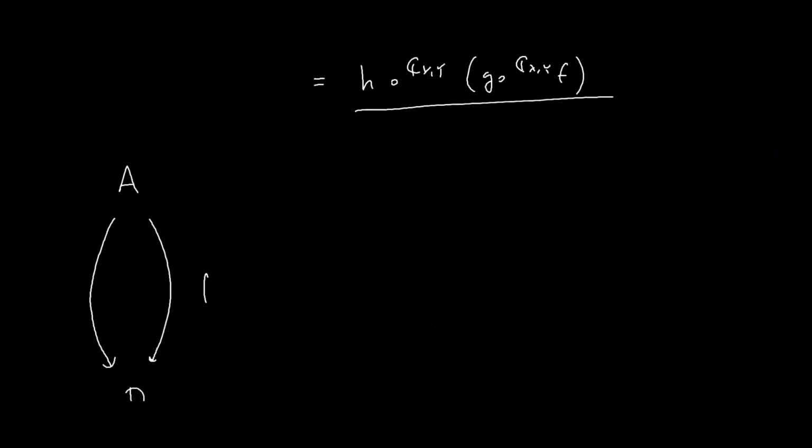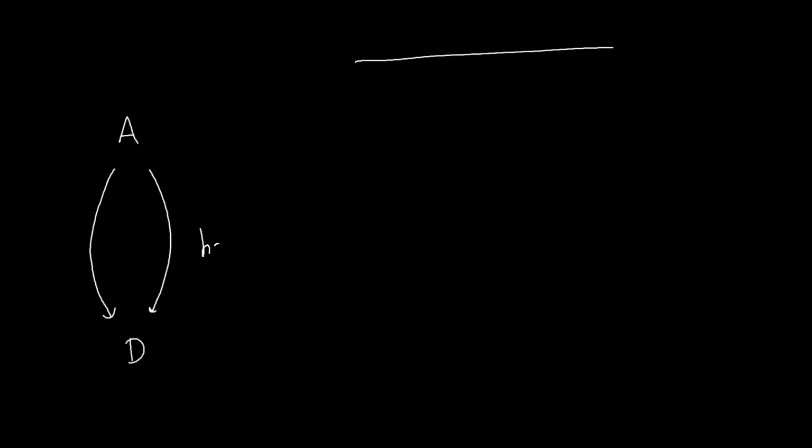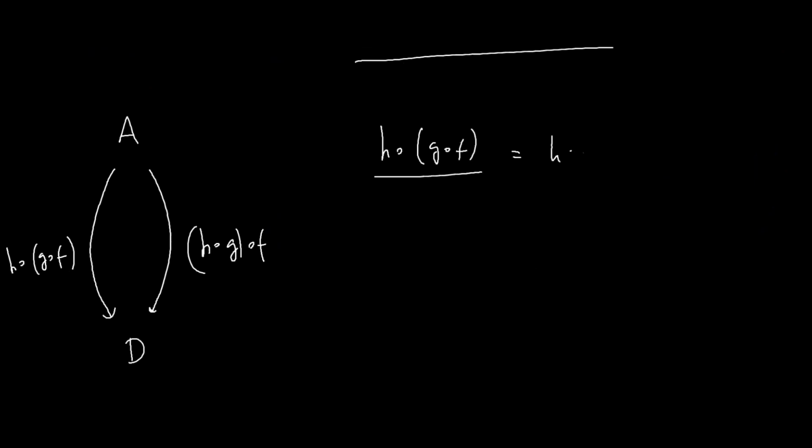One is H composed with G composed with F, and the other is H composed with G composed with F, bracketed differently. And what I was able to establish is that the underlines of these are equal to each other. So the underline of the first equals the underline of the second.